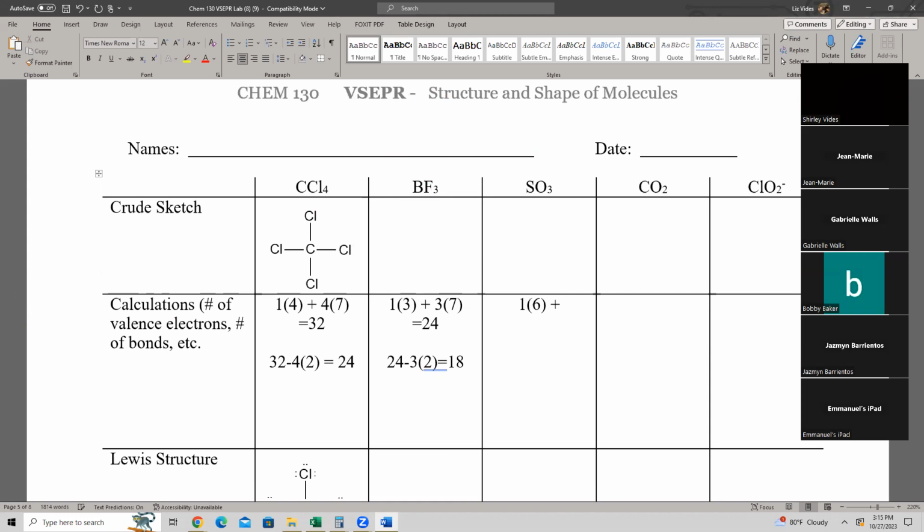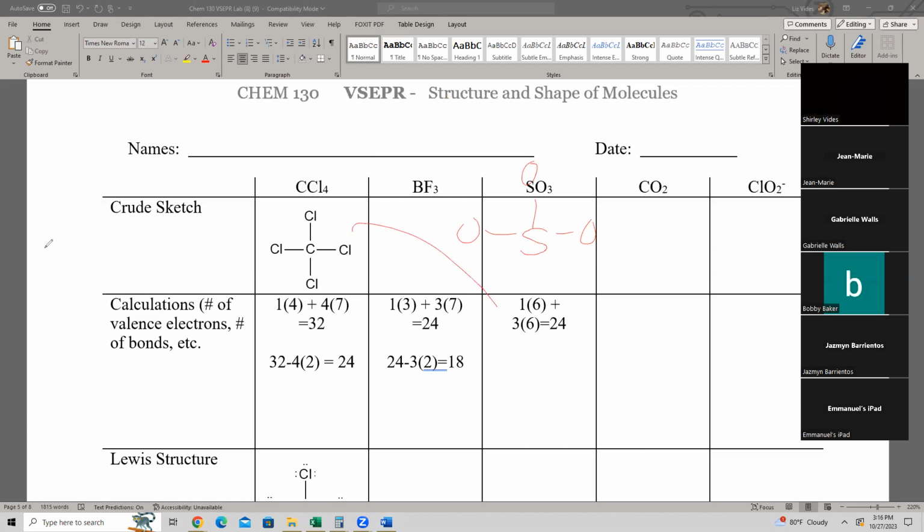Plus, we got 3 oxygens, also in group 6, which gives us a total of 24, right? When we make the Lewis structure, again, we have to remember that the sulfur needs to be in the middle, and then you've got 3 oxygens going around.